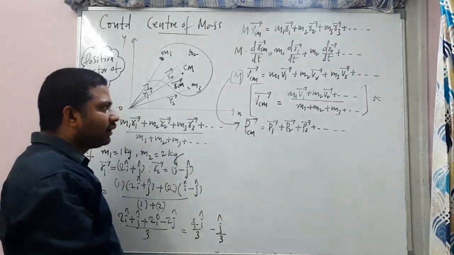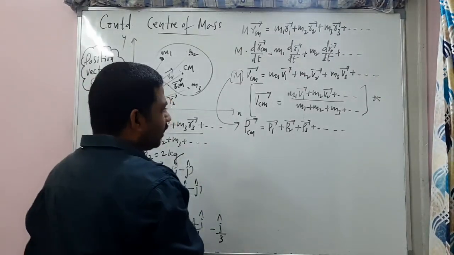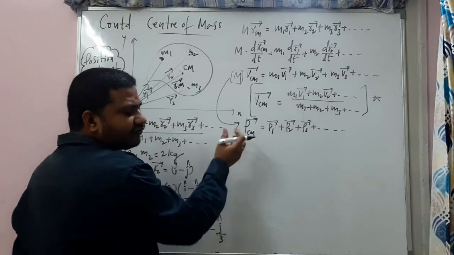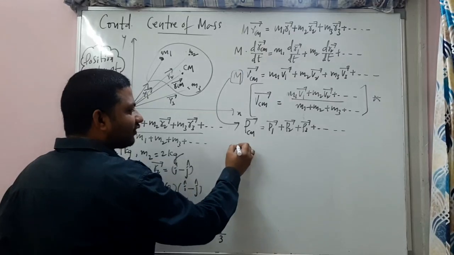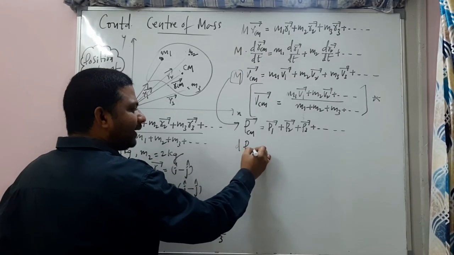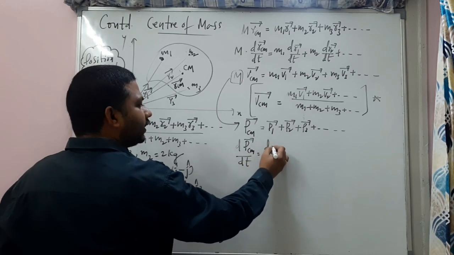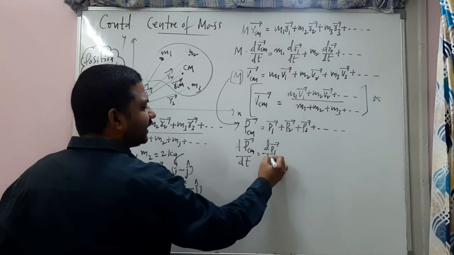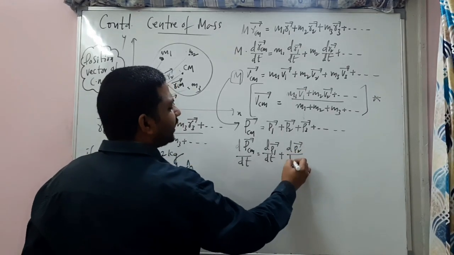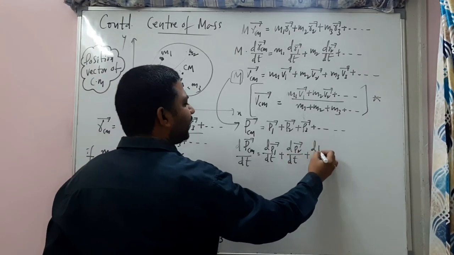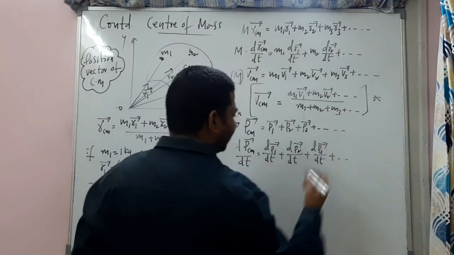Now, what can we do here? Rate of change of linear momentum is nothing but the force, right? So if you differentiate, dpCM bar by dt is equal to dp1 bar by dt plus dp2 bar by dt plus dp3 bar by dt and so on.